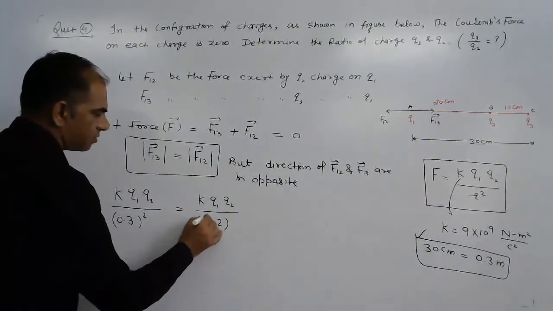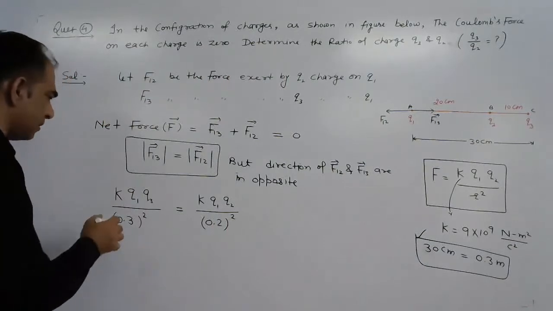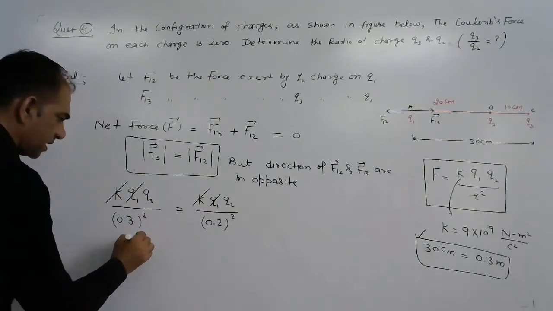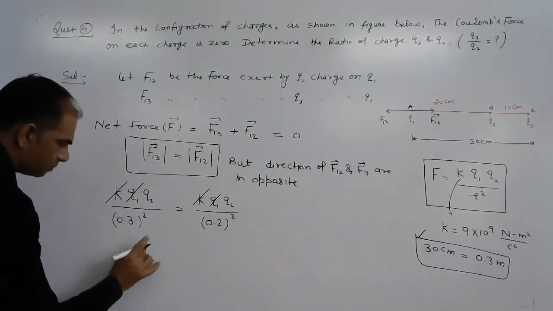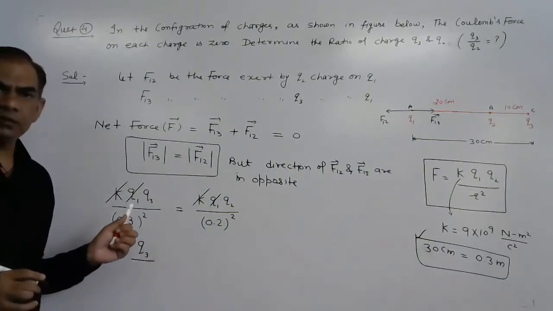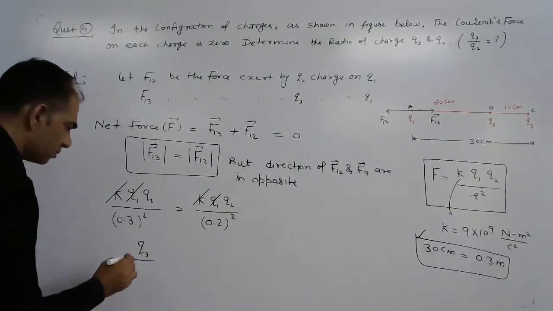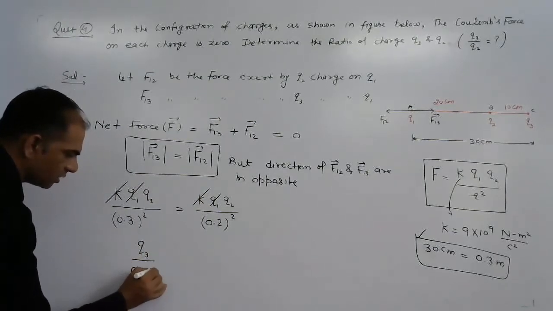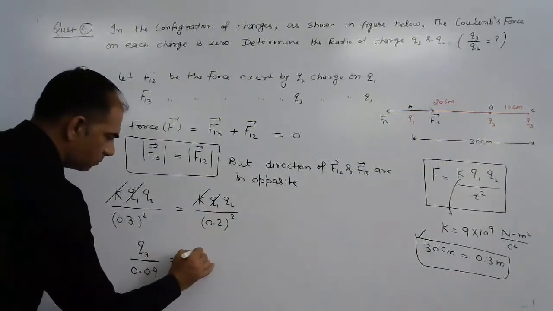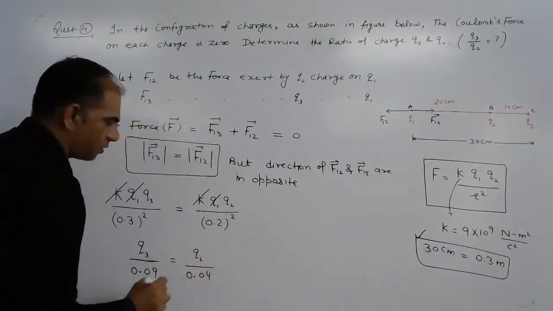Convert into meter, 0.2 square. This is the condition we applied here. Then K and Q1 cancel on both sides. This becomes Q3 upon the square of 0.3, which is 0.09. Similarly for Q2, the square of 0.2 is 0.04.